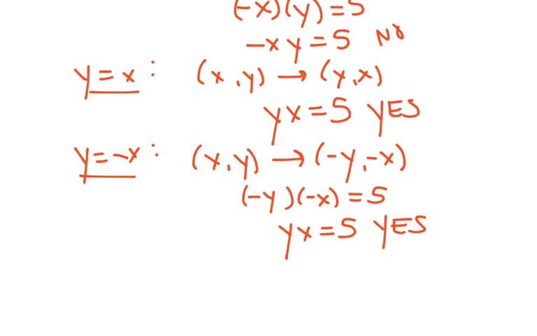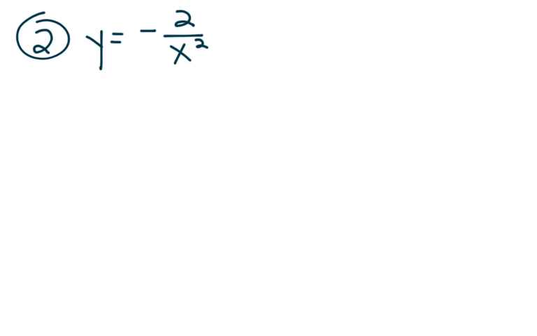Now the math does get more complicated when you try y equals negative 2 over x squared. In order to make this problem a little more manageable, when you have a fraction that's negative, just make the numerator negative. It'll make your life a lot easier.